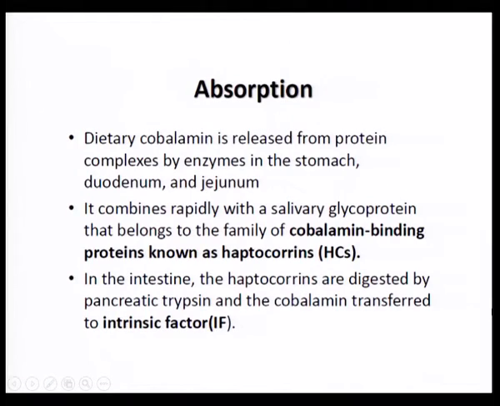So in the oral cavity, you have the corrin molecules that selectively bind with vitamin B12, and once they are bound, that is the name we give, haptocorrin. The haptocorrins are further transported by peristaltic movement in the intestines, and the digestive enzymes, especially trypsin, make the cobalamin available for intrinsic factor.